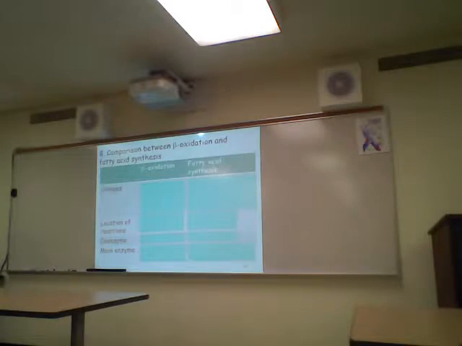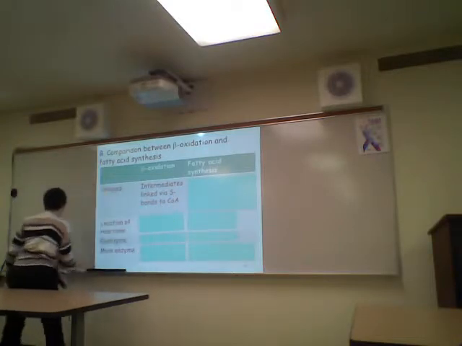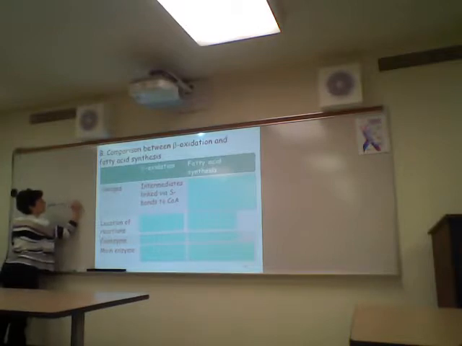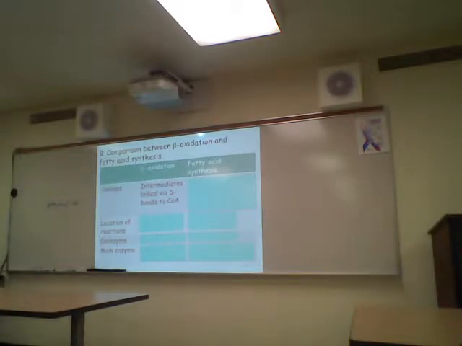All right, so let's do a little comparison. Let's compare our beta oxidation and our fatty acid synthesis. When we do beta oxidation, we combine our long chain acyl group to the sulfur of coenzyme A, so we get our long fatty acyl CoAs.